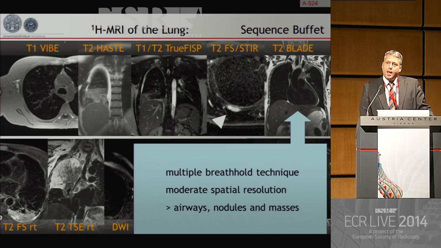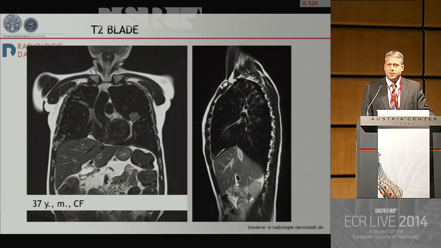If we want to have a better look at the mediastinum, the chest wall, and lymph nodes, we can use a multiple single-shot breath-hold technique with a higher spatial resolution. It's again fast spin echo, and that would show you a bit more about airways, nodules, and masses.